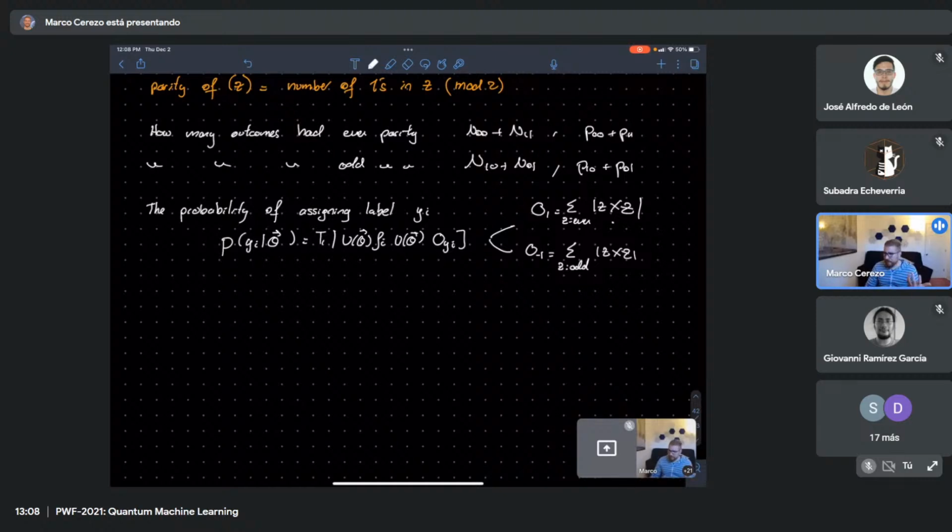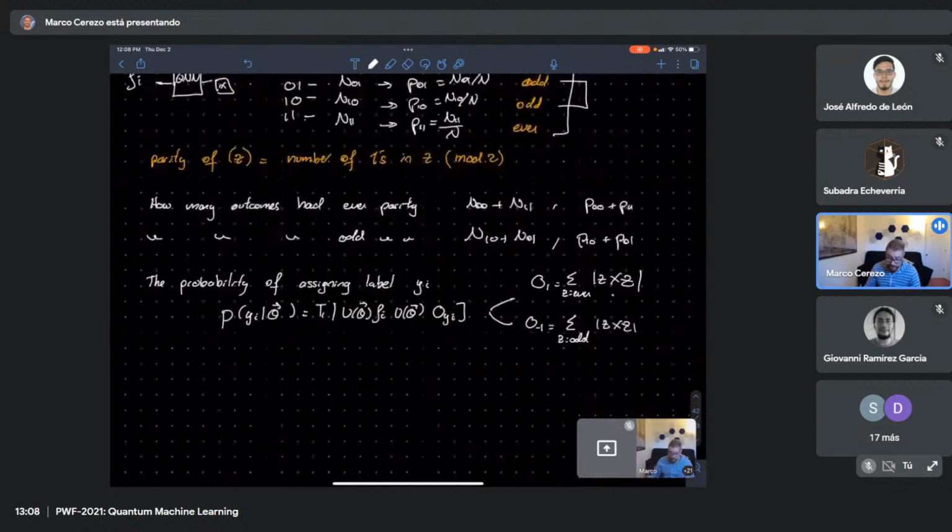Now, maybe you don't feel comfortable about using probabilities of labels. Maybe you feel more comfortable if the measurement outcome is in itself a label, right? We can also try to come up with that.